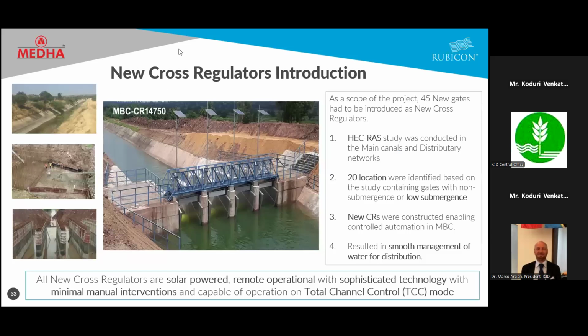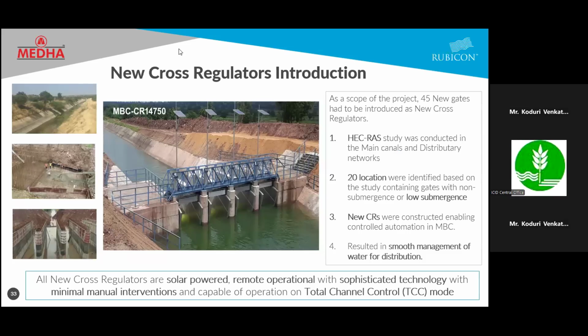Now, a new cross-regulator structure. The question remains, how are we constructing the new cross-regulator structure? There were 45 new gates that were introduced into the cross-regulators, at 20 different locations. Initially, the canal looked like this, no structure at all.